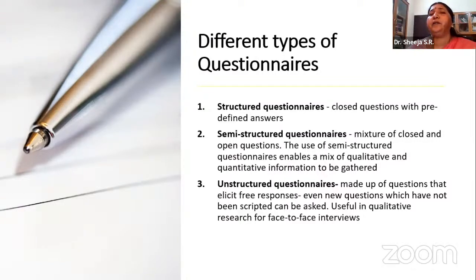In the case of closed questions, respondents can select their option. Regarding open questions, the respondent can write down his answer in the space meant for that. So in semi-structured questionnaires, there will be a mixture of open and closed questions, which enables the gathering of qualitative and quantitative information.